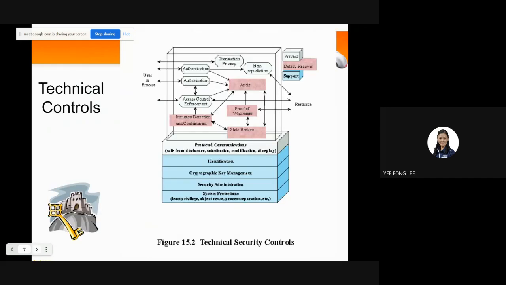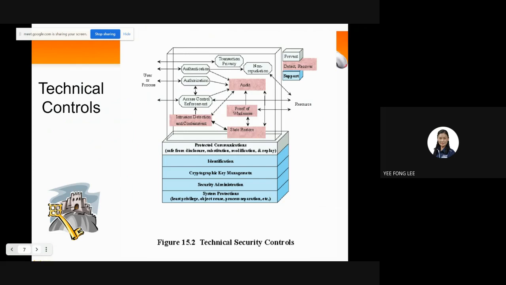In the diagram on the right hand side, you can see prevent, detect, recover, and also supports. So supporting control here talks about underlying technical IT security capability that is interrelated with many other resources in organizations.